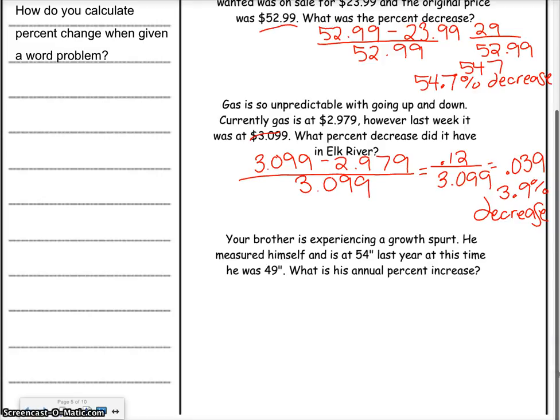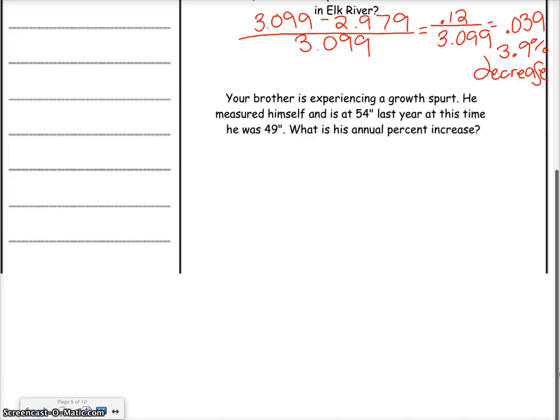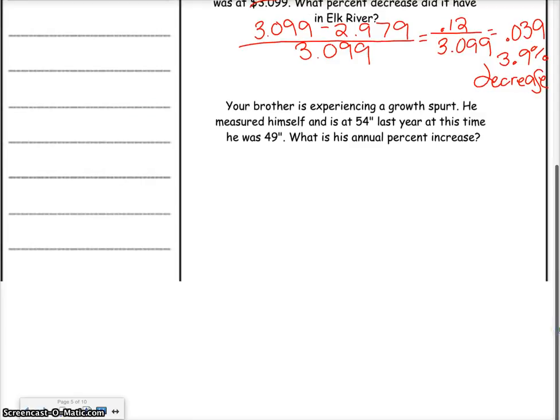And let's say that your brother is experiencing a growth spurt. He measured himself and he is at 54 inches. Last year he was just 49 inches. What was his annual percent increase in height? So I do my big number, take away my small, over where you start.